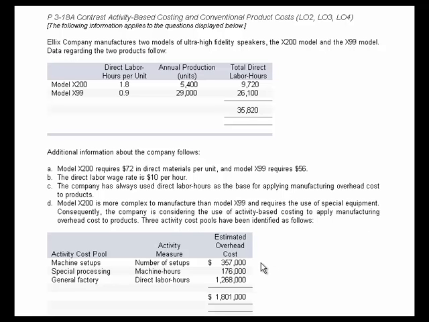Machine setups, and they estimate the machine setups will be 355,000. The activity measure would be the number of setups. Special processing, 176,000. The activity measure will be machine hours. Sometimes this is called the driver, right? The general factory, 1,268,000, and that's going to be allocated based on direct labor hours. That's the activity measure.